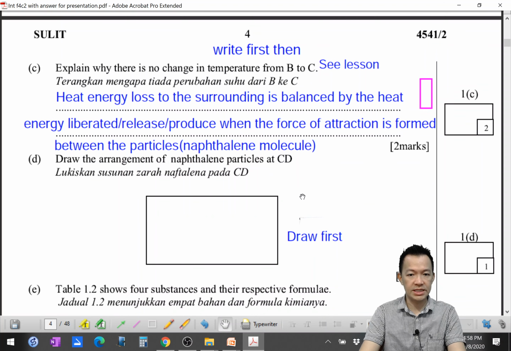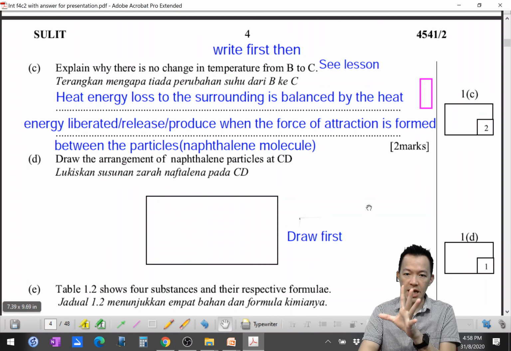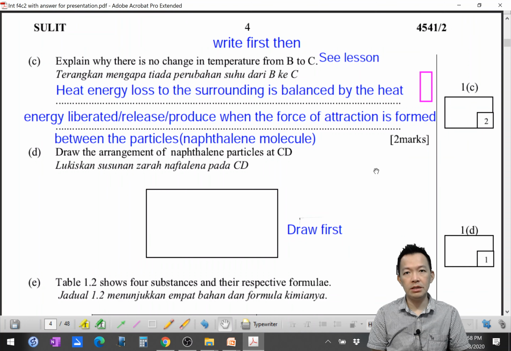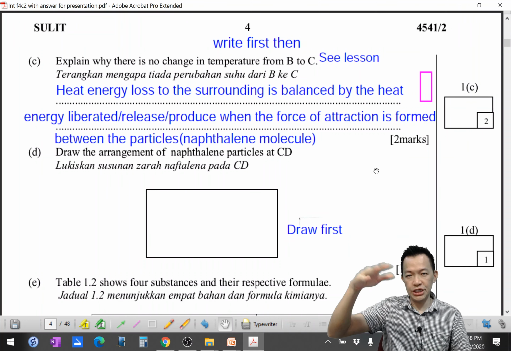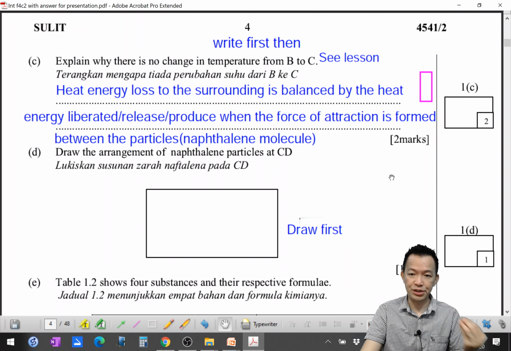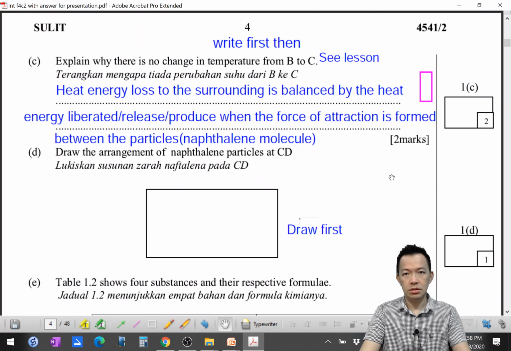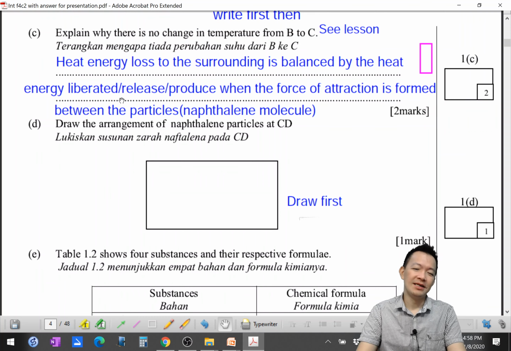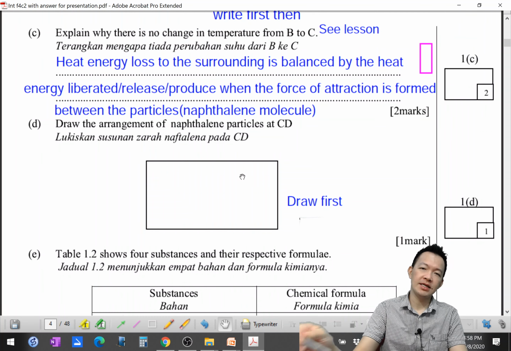在华语它就是这样的意思。And the detail 你必须回你的 Form 4补习了，我不能教了，我只能告诉你这个答案你肯定写得不好。Next, draw the arrangement of the naphthalene particles at CD.